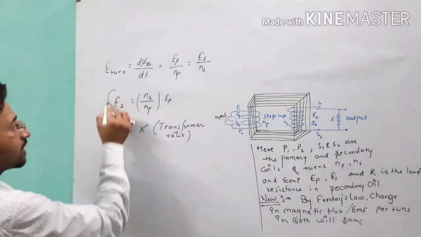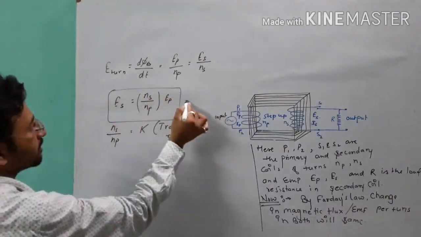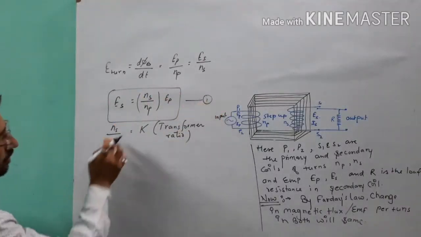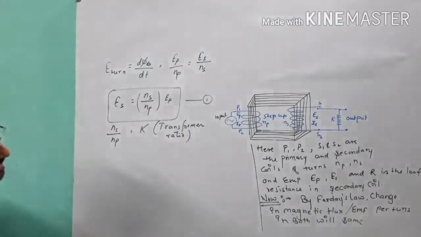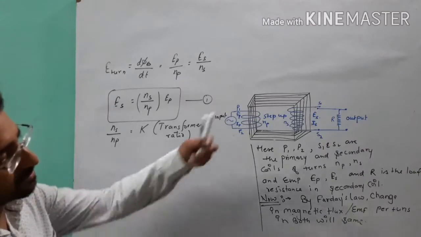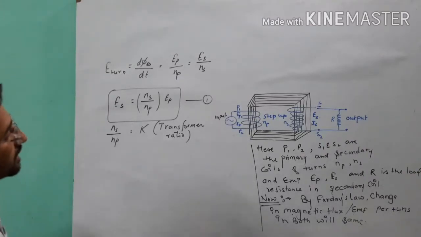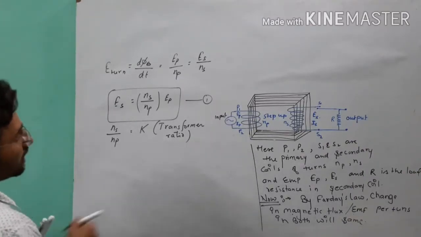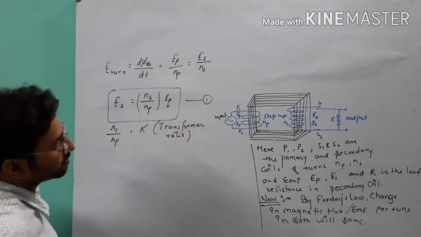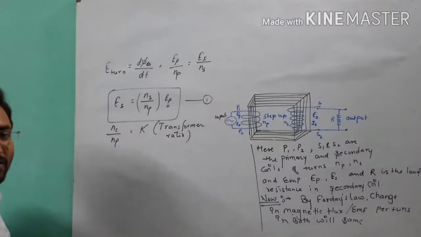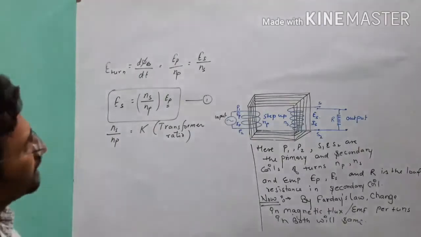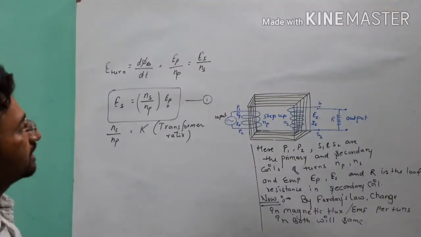Now, by this first relation, when we talk about the alternating voltage in the output circuit with respect to the input circuit, EP is the EMF or supplied voltage, and ES is the output voltage, or you can treat it as an EMF.